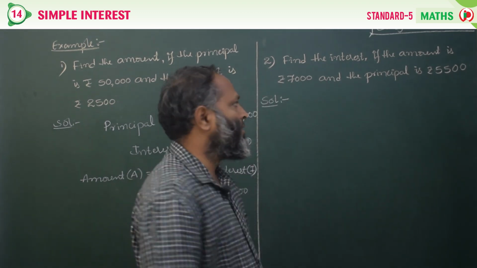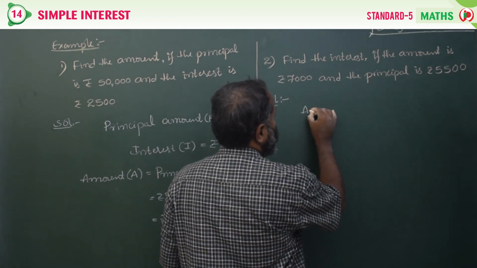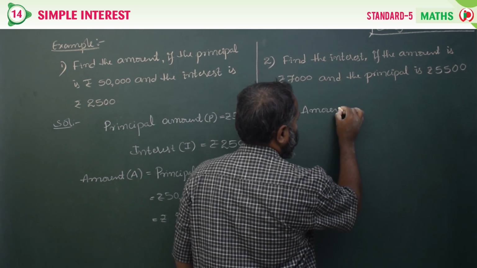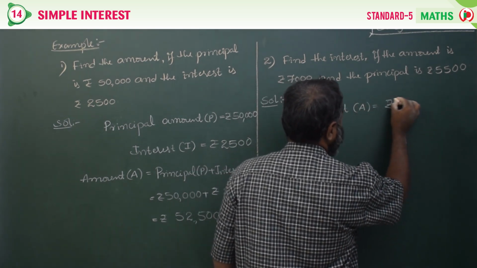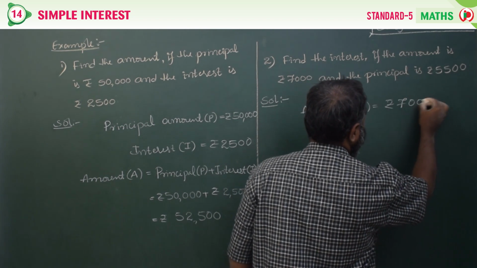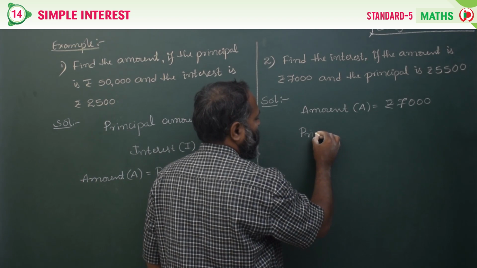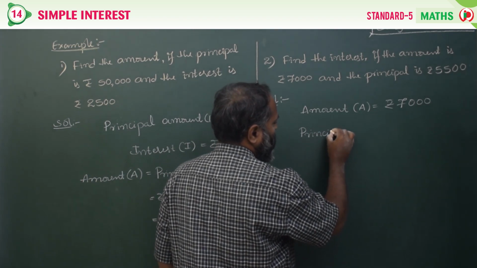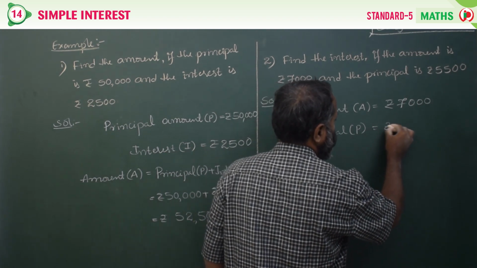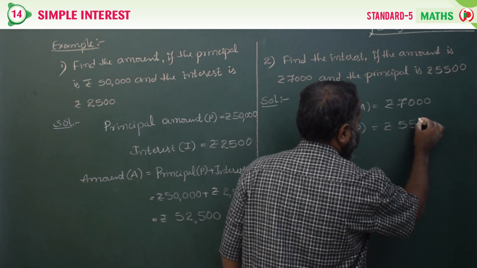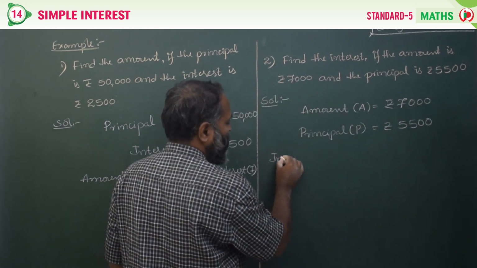Okay. So, here what is given? The amount is rupees 7,000 paid. Then how much principal did he borrow? The principal amount he borrowed is 5,500. Then how much should he pay as interest?